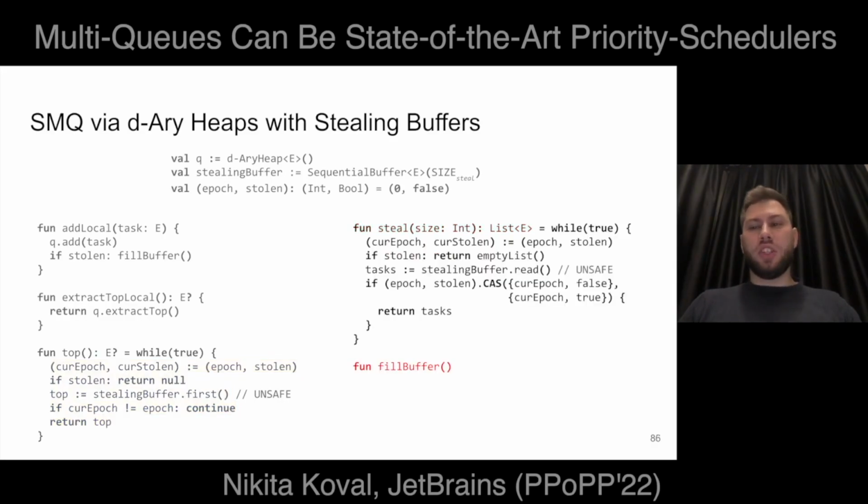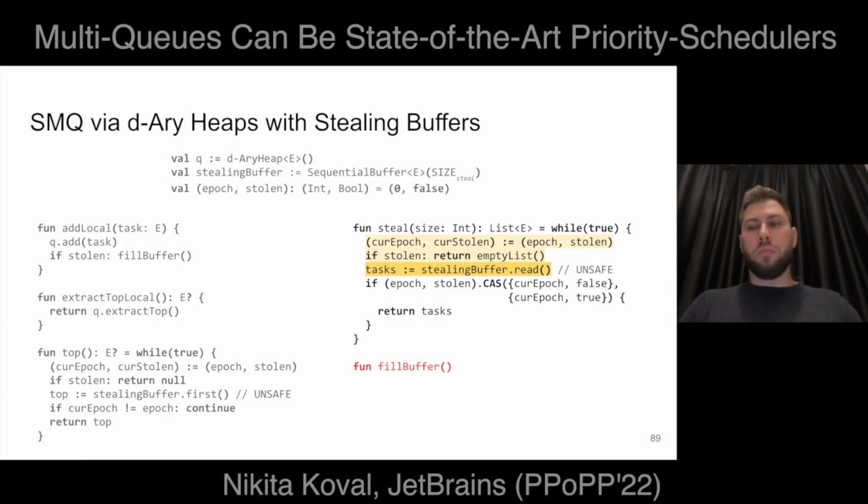The steal procedure is organized in a similar way. We first of all read the current epoch and the stolen flag, and if the elements are already stolen, we fail, returning the empty list. At the same time, if the elements are in the buffer, we read all of them in an unsafe way, so we don't care whether there are concurrent steal accesses.